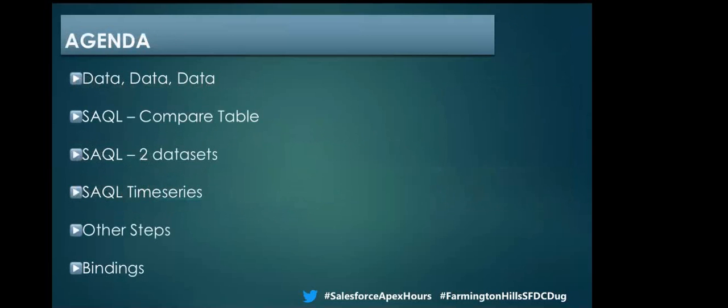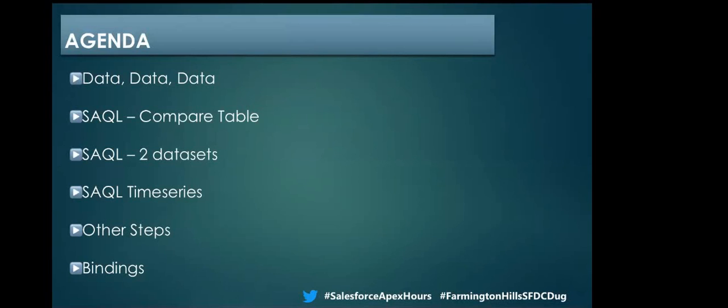So I'm deviating a little bit from the agenda that was put out. First of all, I'm going to go through the data side of things and explain a few things around that, but then go into some SAQL examples. And instead of the SOQL example that I put into the agenda originally, I thought that in Winter '19 we released time series, which uses different models to predict what's going to happen in the future with our data.